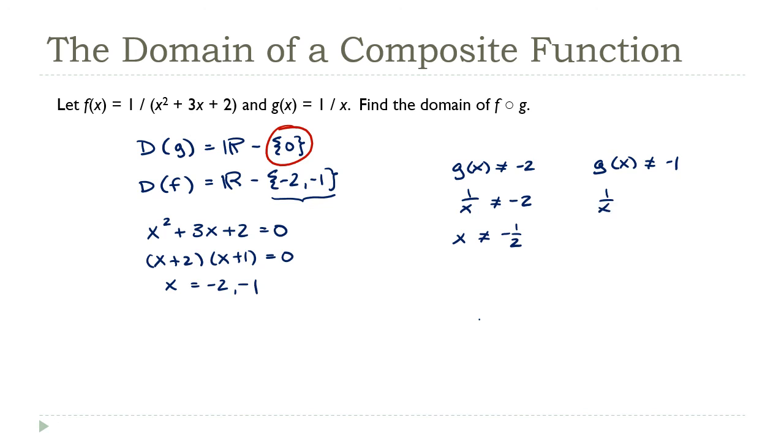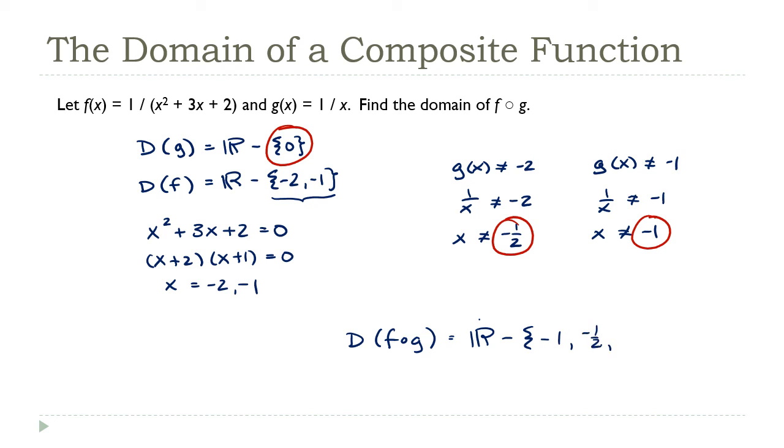And 1 over x is not equal to -1, which means x is not equal to -1. And now I have my 3 excluded values. So the domain of the composite, other way, sorry, f of g. If you did it the other way around, you get a different answer. The domain of f of g of x is all real numbers except -1, -1/2, and 0.